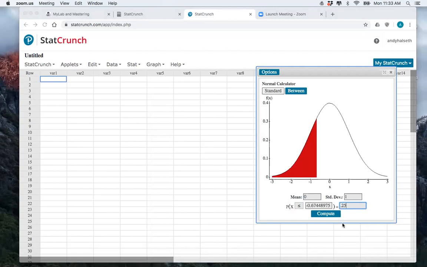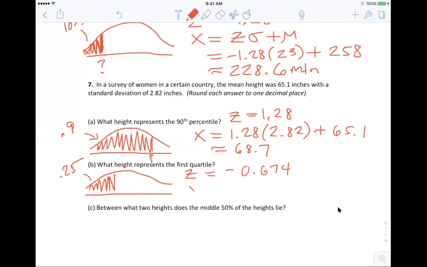Okay, so get your formula out again as this thing switches over. And what are we going to do? We're going to take that z-score, multiply by the standard deviation, add the mean. That same structure there. Okay, sorry for the bad handwriting.